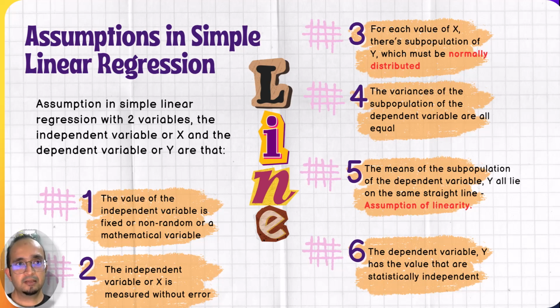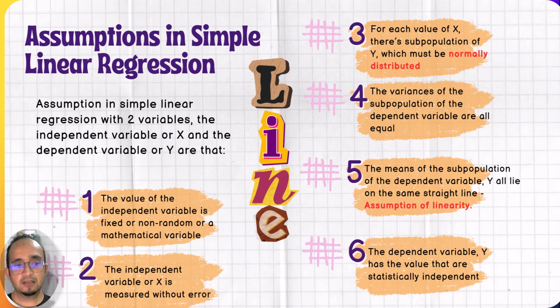The third assumption is that for each value of x, the subpopulation of y must be normally distributed. The fourth is that the variances of the subpopulations of the dependent variable are all equal. Number 5, the means of the subpopulations of the dependent variable y all lie on the same straight line. This is the assumption of linearity.